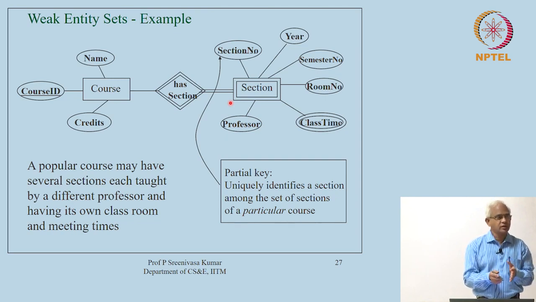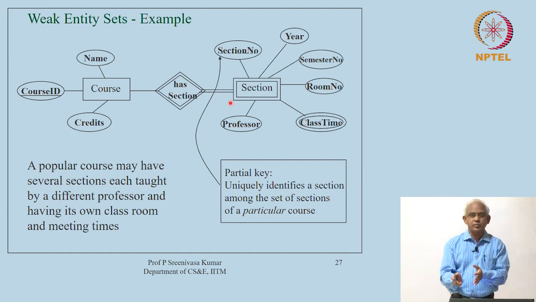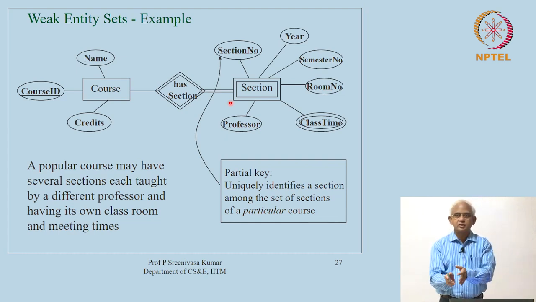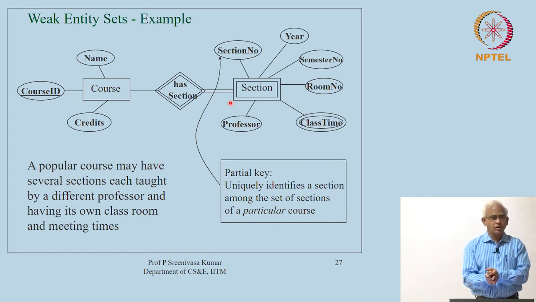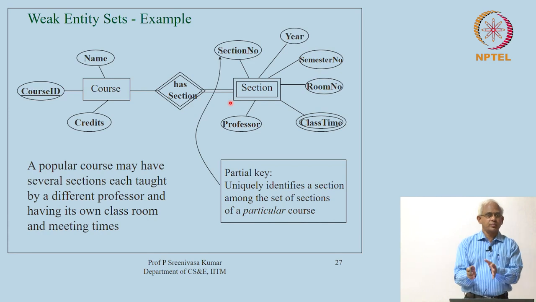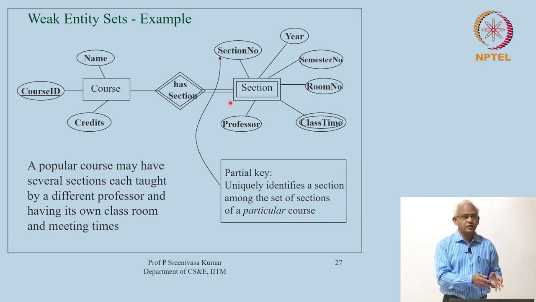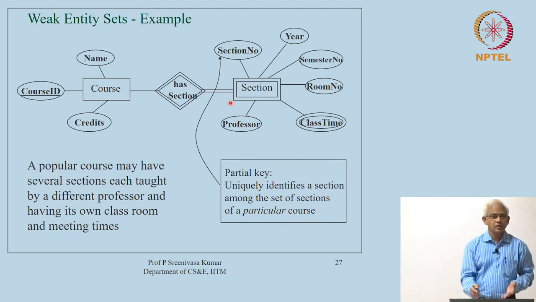If that particular person leaves the organization, then there is no point keeping track of the information about his or her dependents. So, the dependents of a particular employee are best modeled as weak entities in that organization, because they are basically interested in those dependents because they have hired that particular employee, right. So, those dependents will become weak entities owned by the corresponding employee.